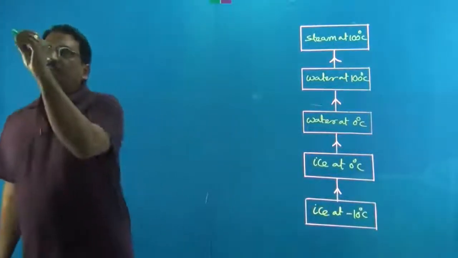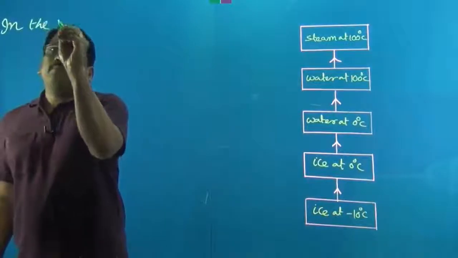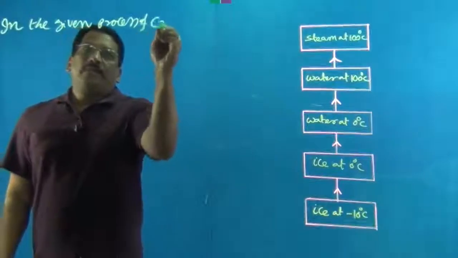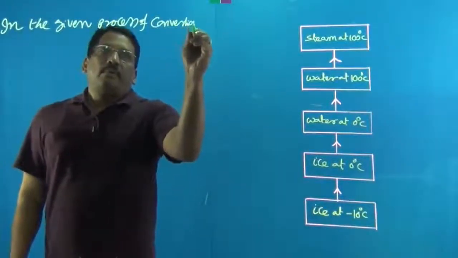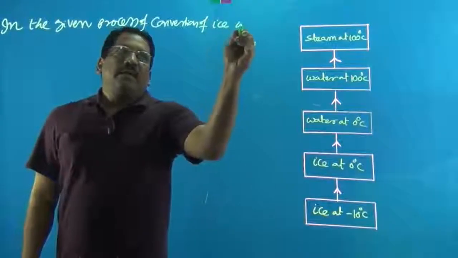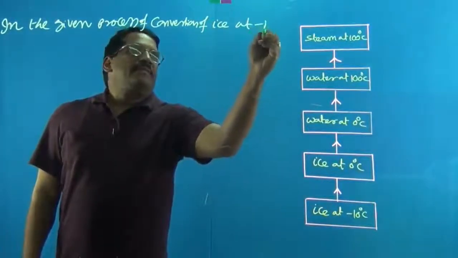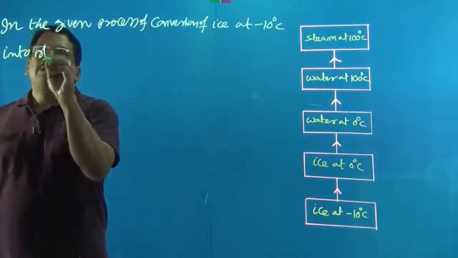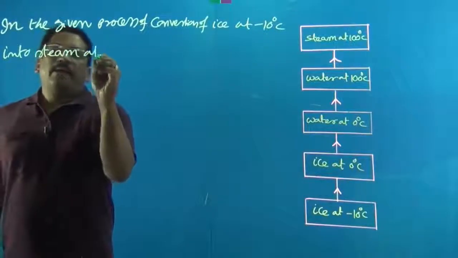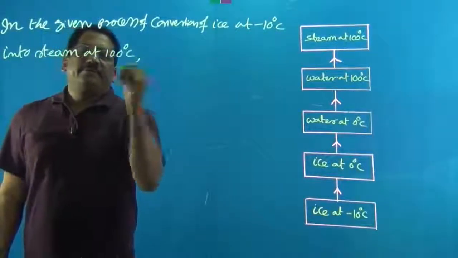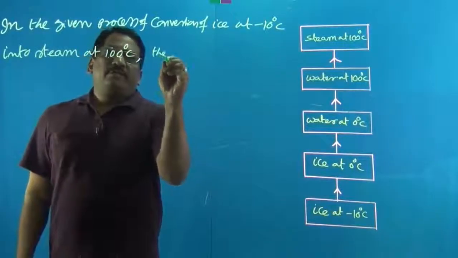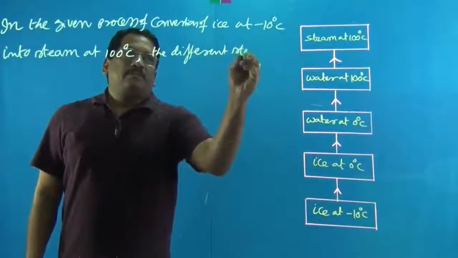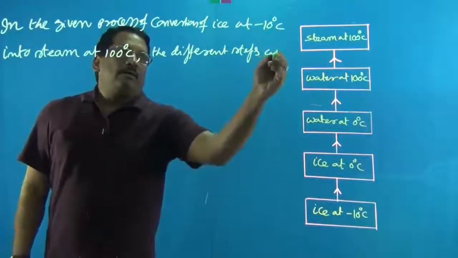Now here in the given process of conversion of ice at minus 10 degrees centigrade into steam at 100 degrees centigrade, the different steps are as shown in the figure.